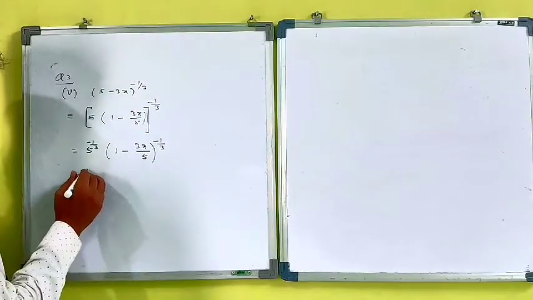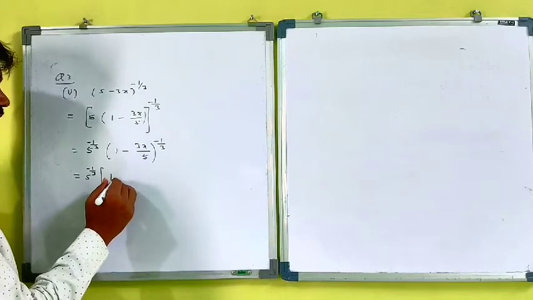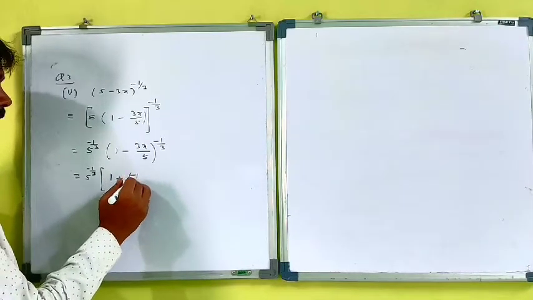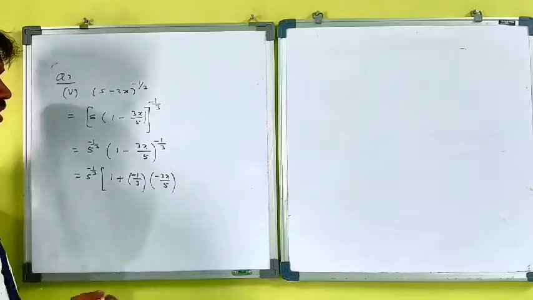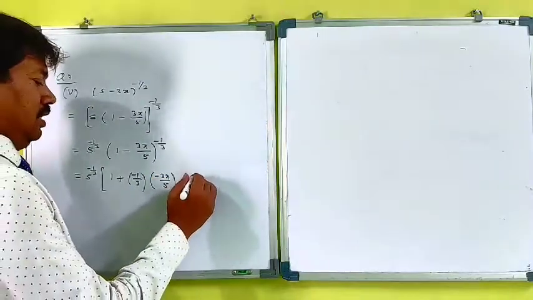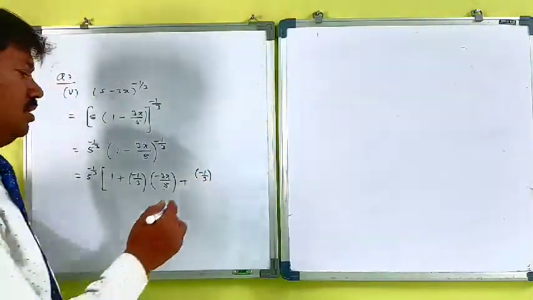So that is 5 raised to minus 1 upon 3, times 1 plus nx, then n into n minus 1. So what is that?